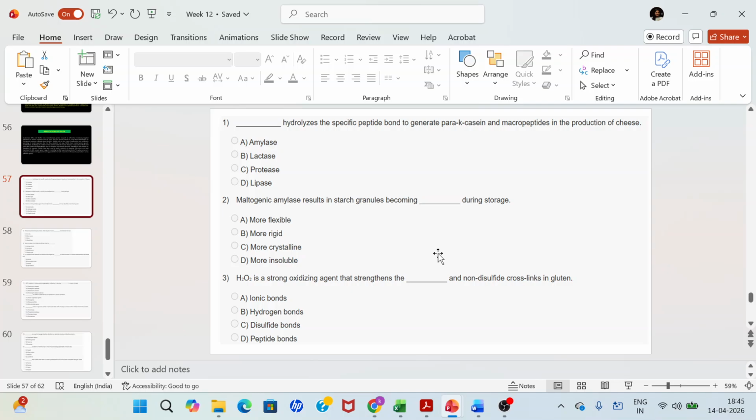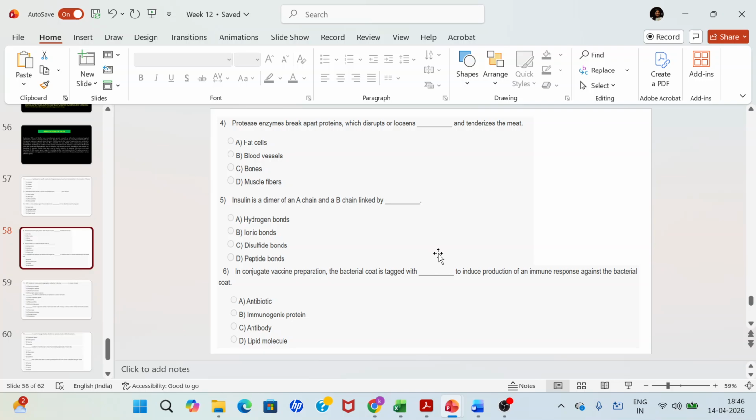So the answer to question number 3 is disulfide bonds. H2O2 is a strong oxidizing agent that strengthens the disulfide bonds and the non-disulfide crosslinks in gluten.